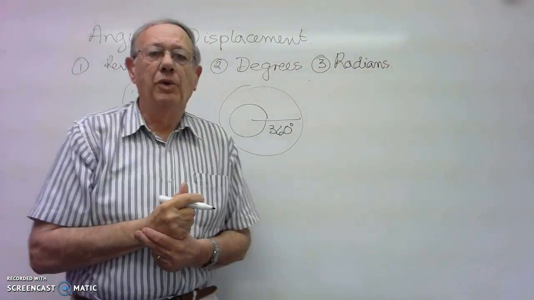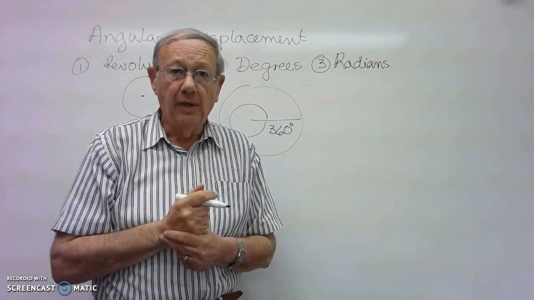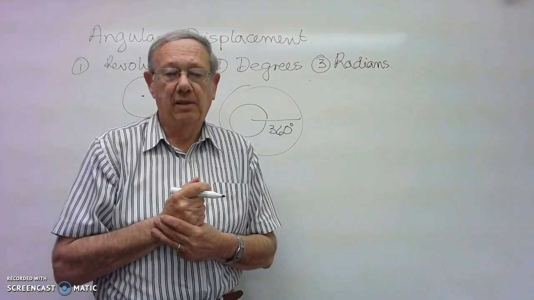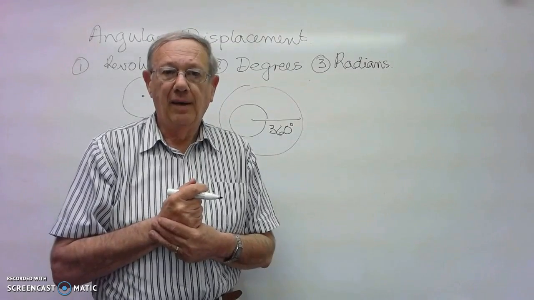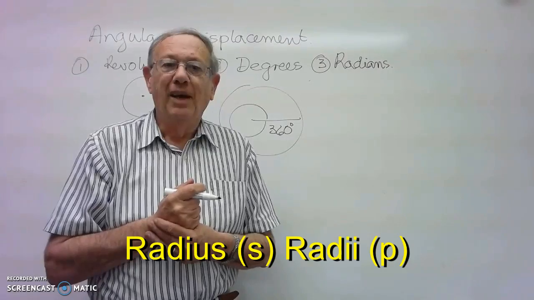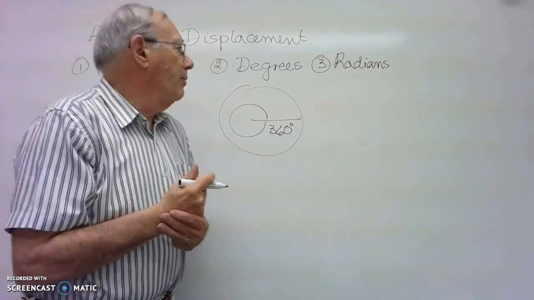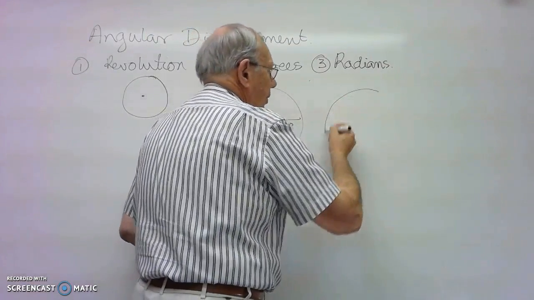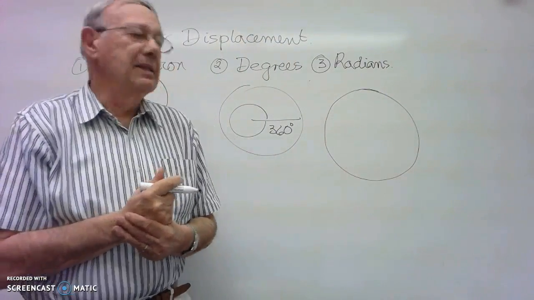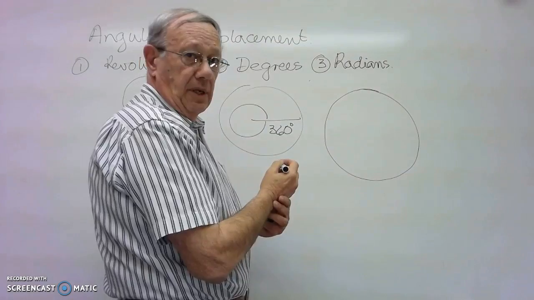When I use the word radians, what I want you to think of is the word radii, or radius, I should say. Radius is singular, and radii, rather than radiuses, is plural. Now, when we're looking at radians, it's an angle.